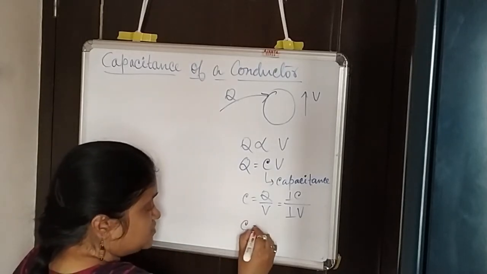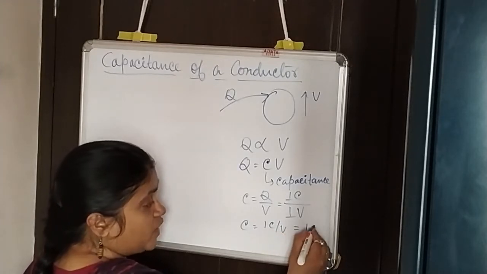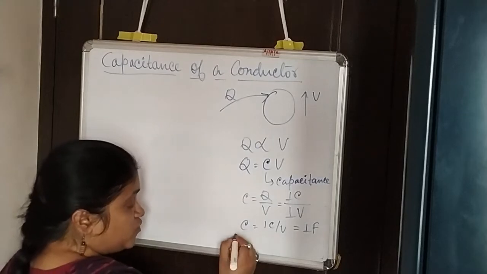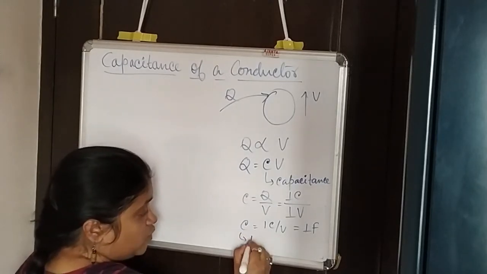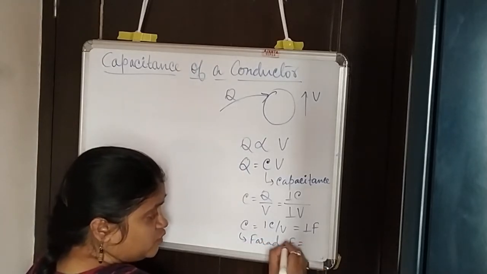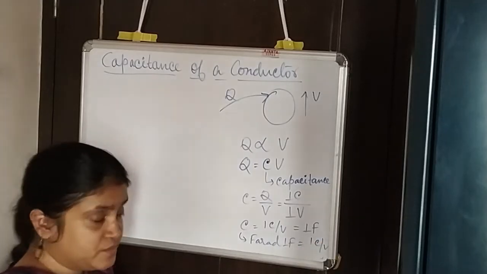So this capacitance, which is 1 coulomb per volt, is also called 1 farad or 1 F. So from here you know that the SI unit of capacitance is called farad. The symbol is F, which is equal to 1 coulomb per volt.